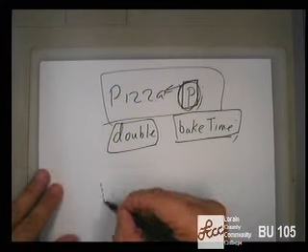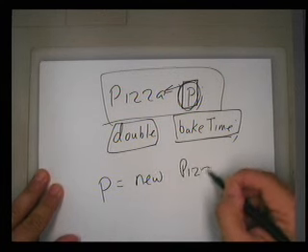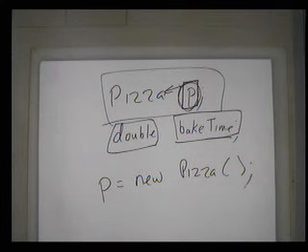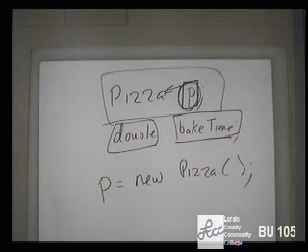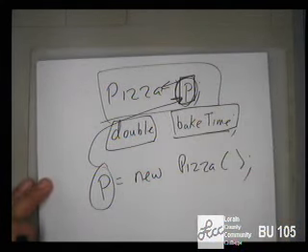This line goes ahead and actually creates the pizza object. All right? That's a lowercase p equals new pizza. This is going to match the variable that we called it.